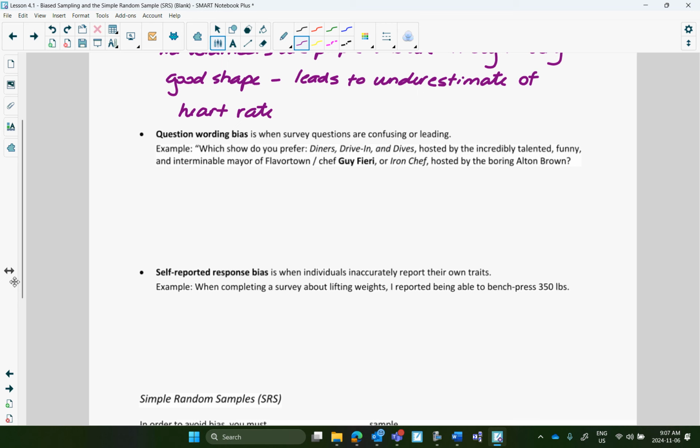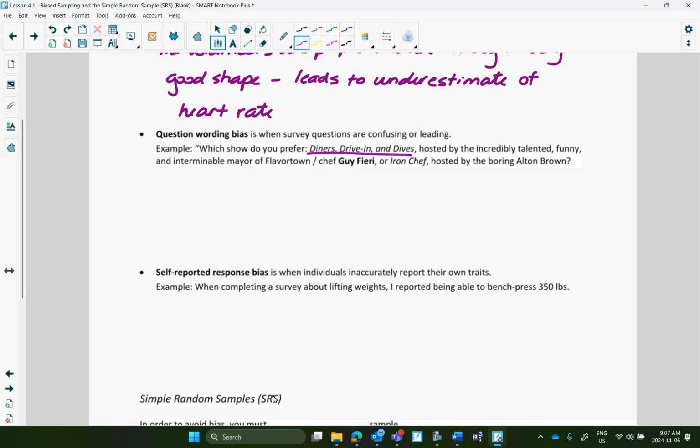What's wrong? Yeah, you're really favoring Diners, Drive-Ins, and Dives by playing up Guy Fieri and then downplaying the other guy. So the question wording is important too.